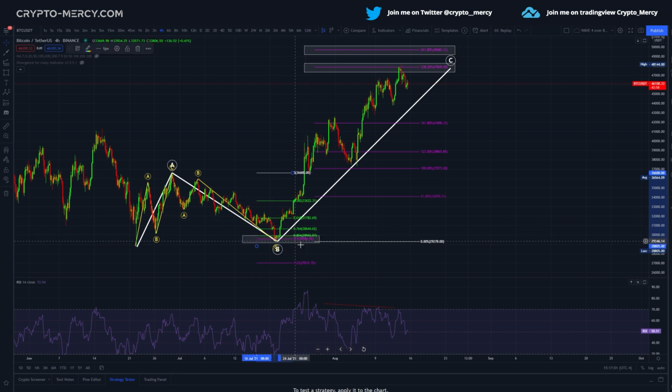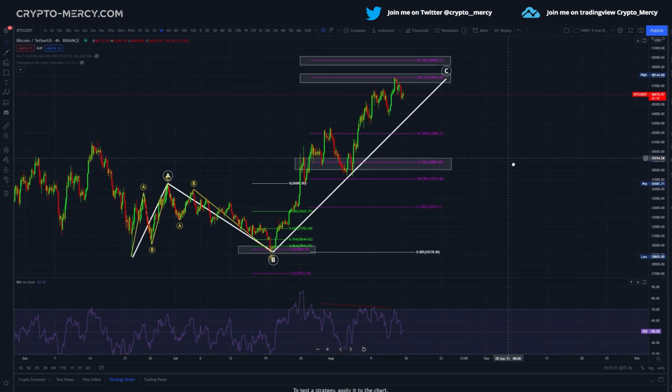The most probable targets for a regular flat were 61.8 at 34,095, the 100% at 37,073, and the 123 was the last possible target for a regular flat.